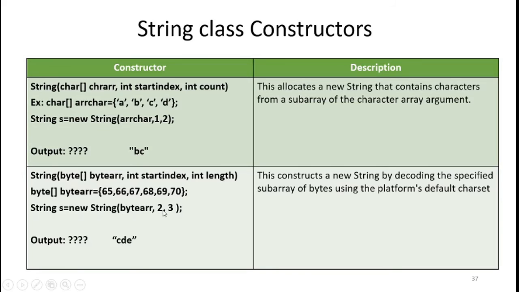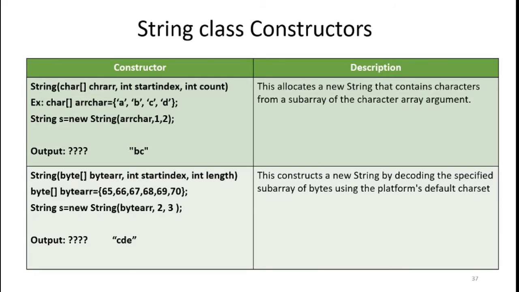So here the start index is 2, so 0, 1, 2. Here 67 is the value. From 67 we'll have 3 characters, so 67, 68 and 69. So we get the output C D E, 67 for C, 68 for D and 69 for E. So these byte values are actually mapped to characters depending on the character set provided by the system, and then we'll get the output.